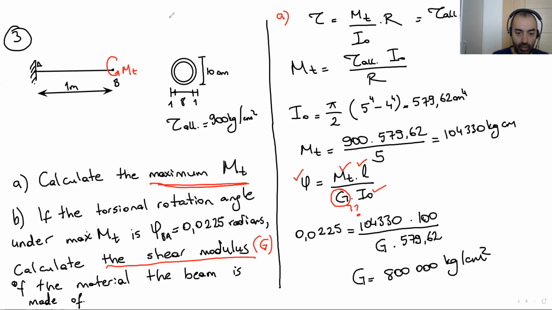So here, B starts from here. This is the result of A. This is the result of question B. Okay.